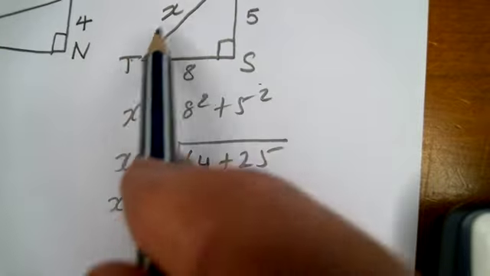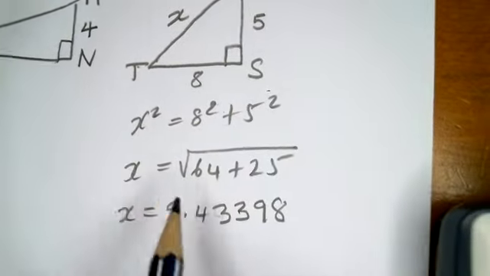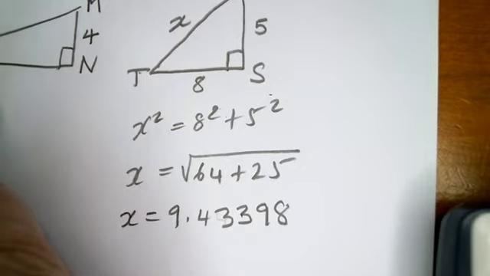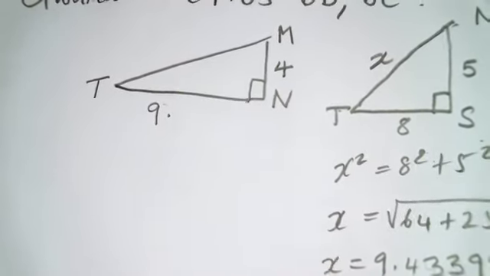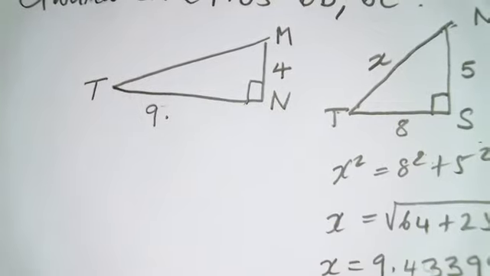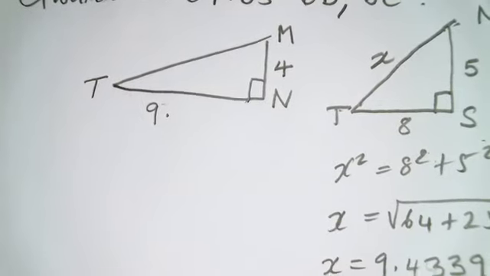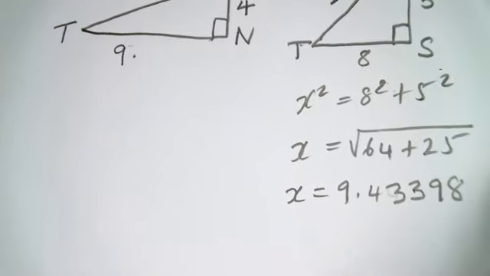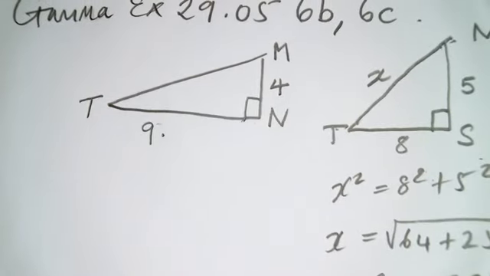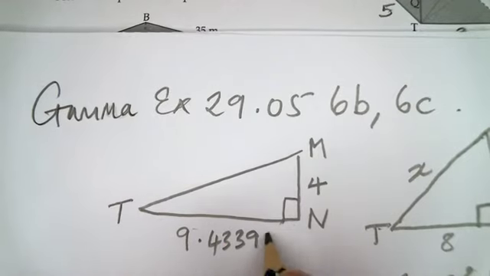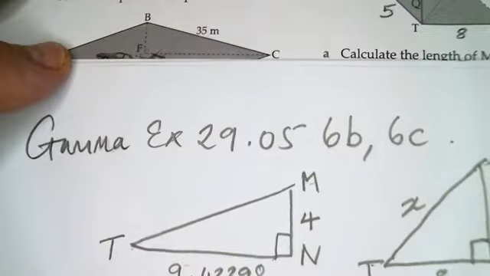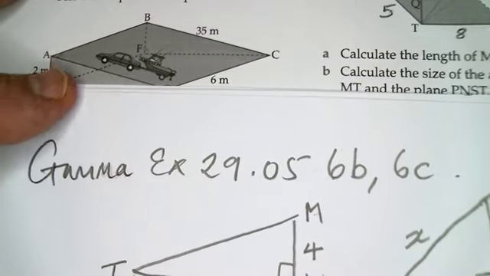So this is TN, and here's TN on the bottom here, which is going to be 9.43398. Now we can find TM, which was the first question we had to solve there, or MT as it's called.